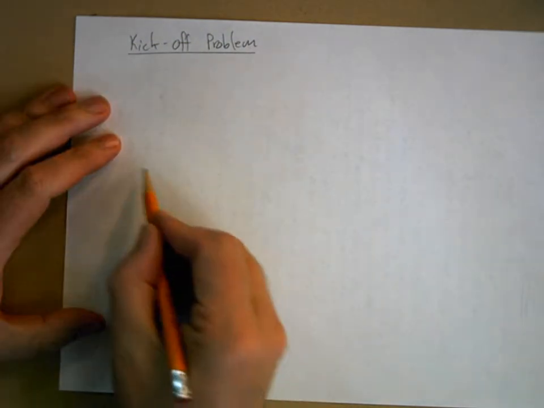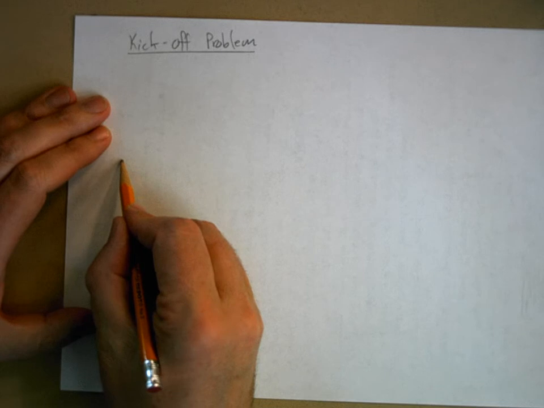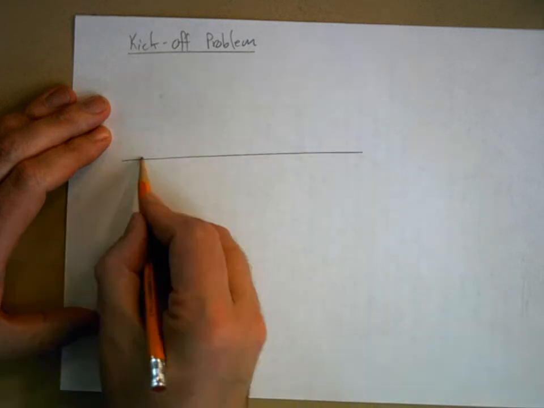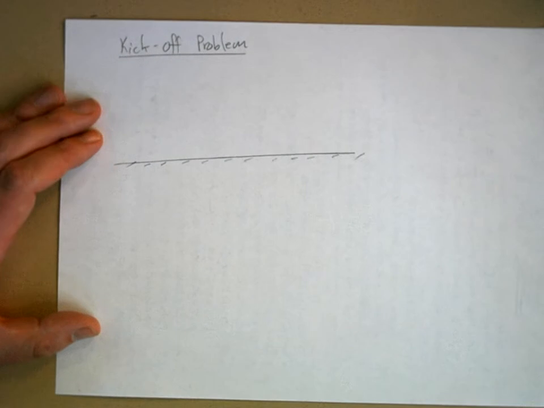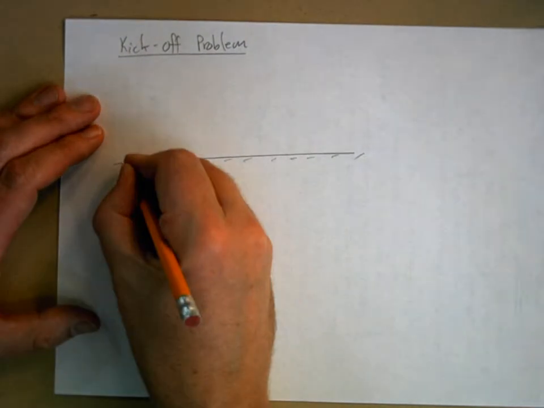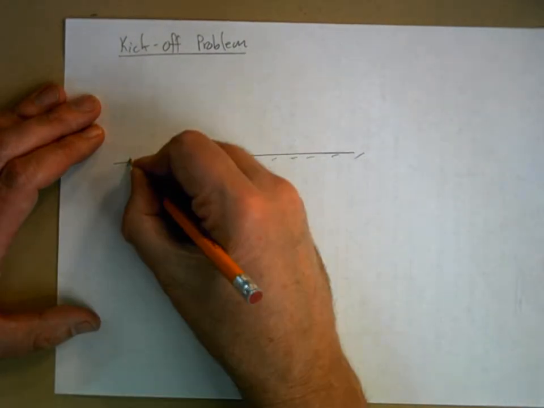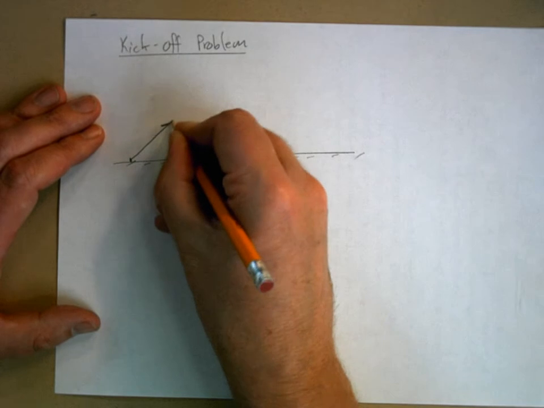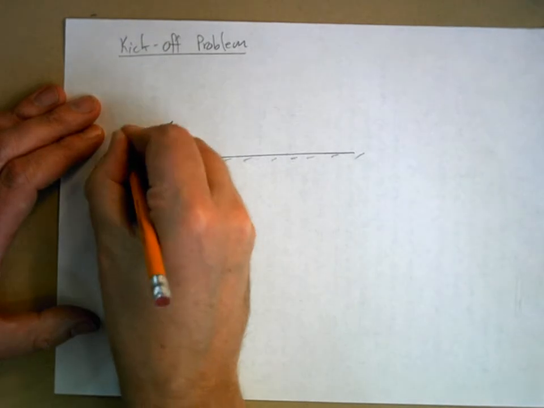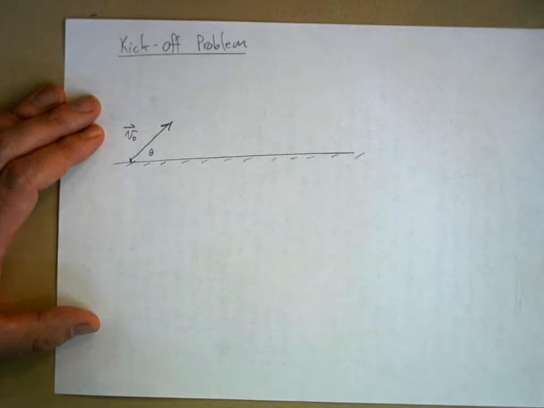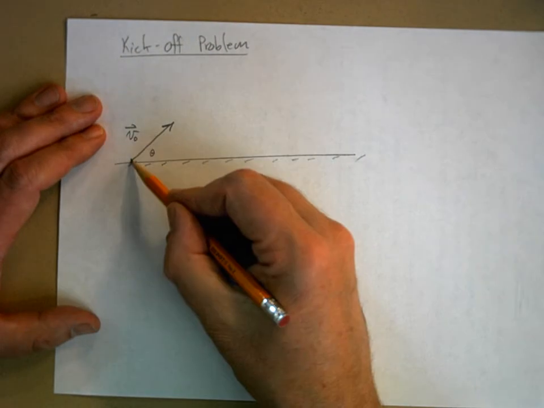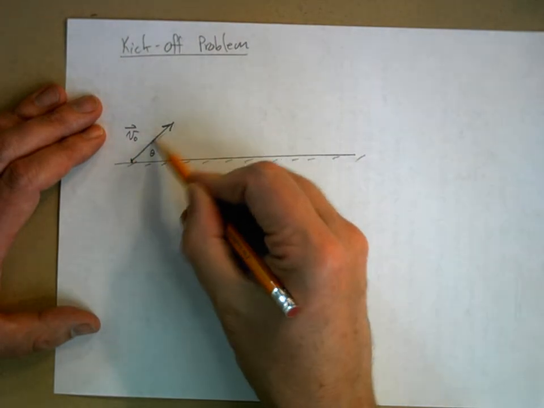But here's the basic assumption that we make. The reason I call it a kickoff problem: here's level ground, and here's the football, and you kick the ball off the ground, and it has some initial velocity and some launch angle. This is like what we started with. And it goes up and down.